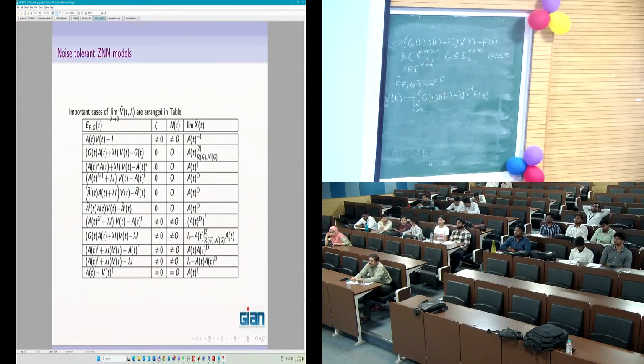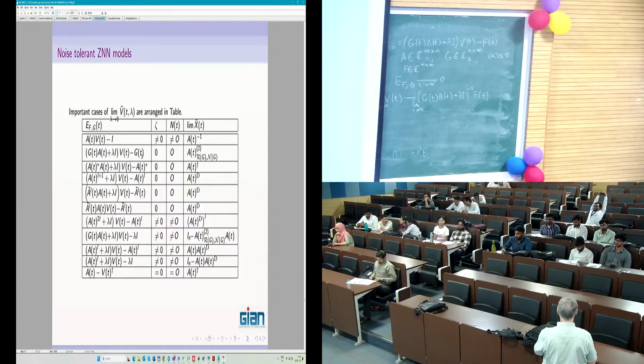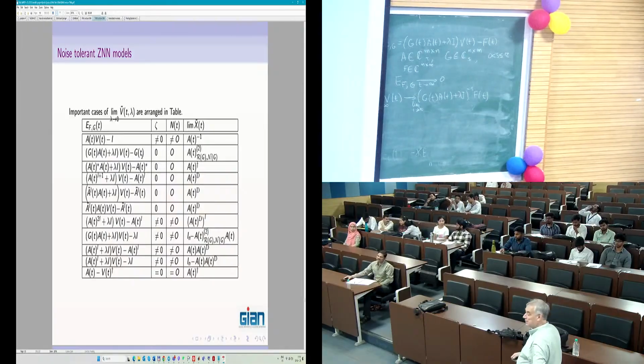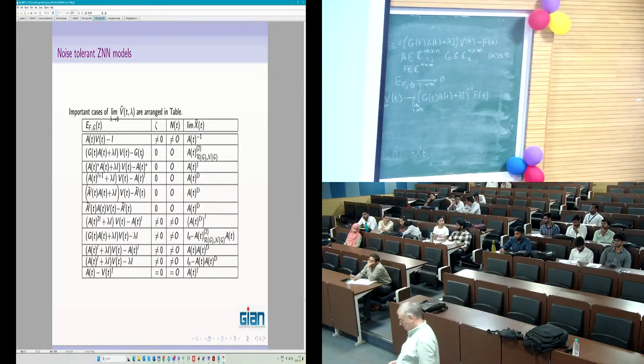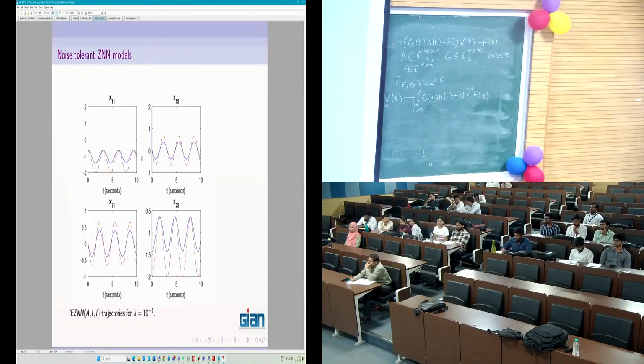Here is a table about F and G appropriately. We will obtain the matrix inverse, left inverse, right inverse, and outer inverse with given range and null space. We already analyzed these cases in our VP ZNN model, the varying parameter ZNN model, if you remember. Different choices of lambda.